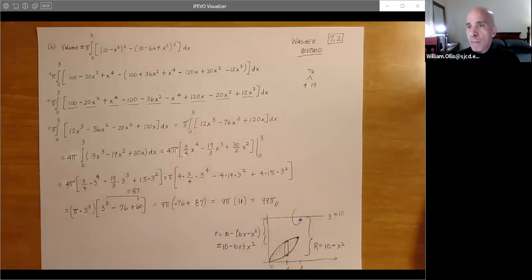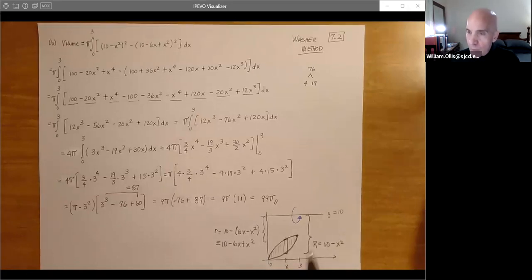But again, just remember, as you're working these problems, the sketch gives you kind of the essence of the problem, in the sense that it orients everything so you can see, have the visual on the outer and the inner radius.